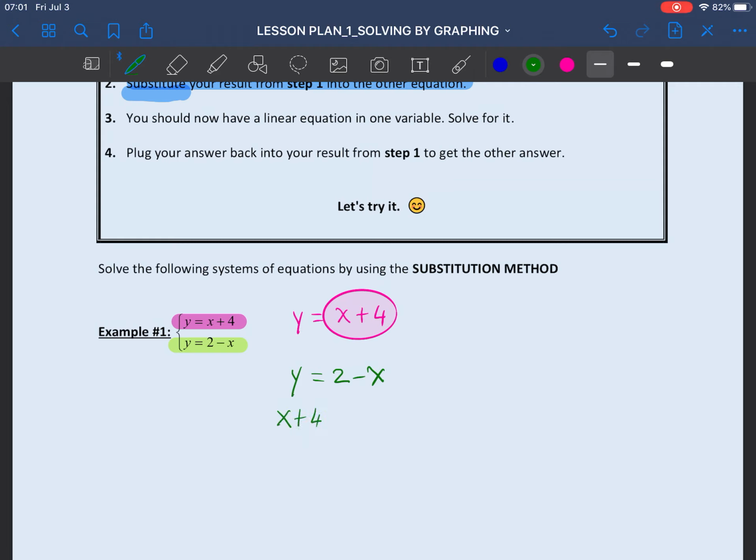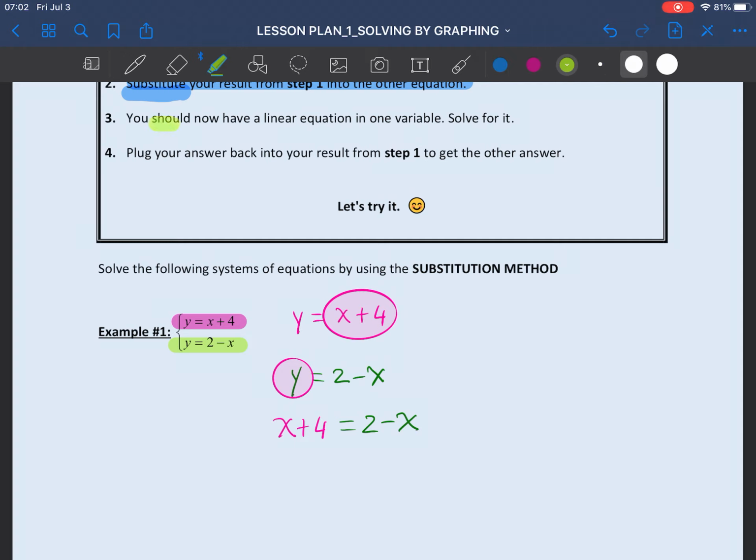So we'll write x plus 4. Let me make it pink actually, so it makes more sense. Will equal 2 minus x. So far so good. And as you see here, now we've ended up with a linear equation.